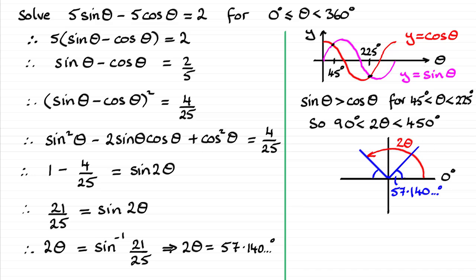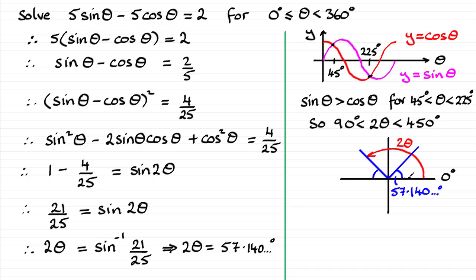Now where's the next one going to come from? Well, starting from here again, we've got to turn all the way round, beyond the 360 degrees to this next one. We should realize that 360 degrees plus a further 90 degrees is our 450 degrees up here.